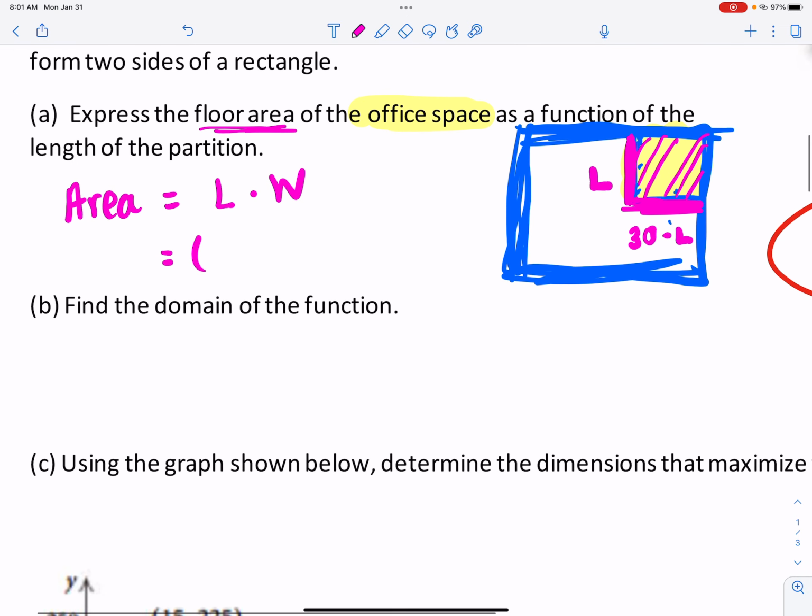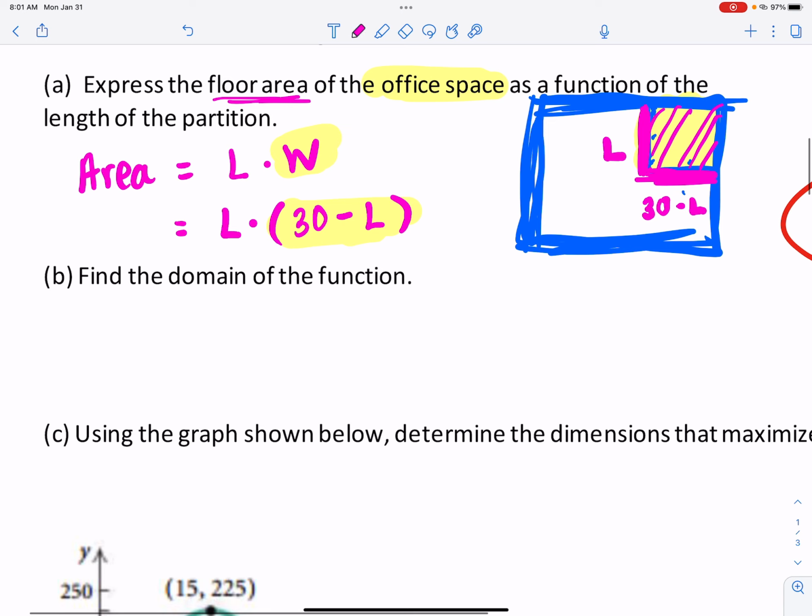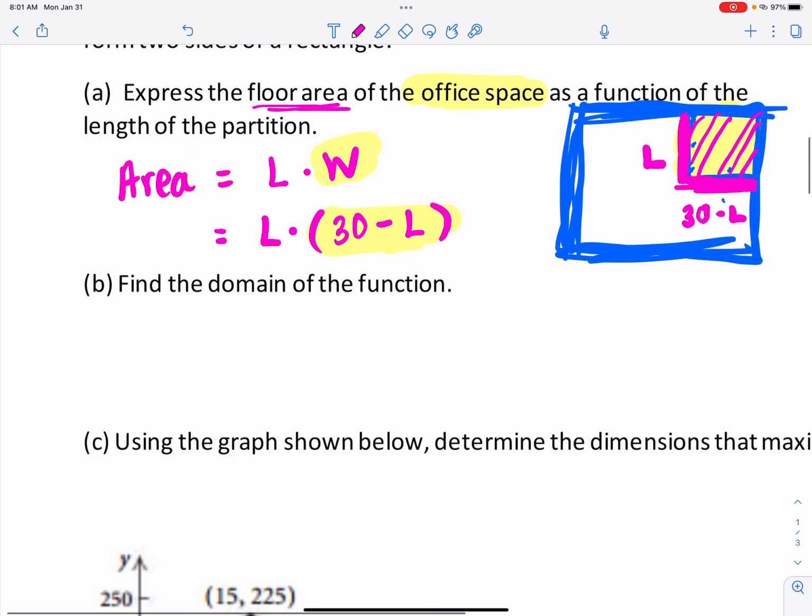So I'm going to go back to my formula, and instead of writing length times width, I'm going to write length times 30 minus the length instead of the width. And you can leave it like that. You can also distribute out the parentheses if you want, but that's fine if you left it like that. And there's our area of this little office space in terms of just L's.